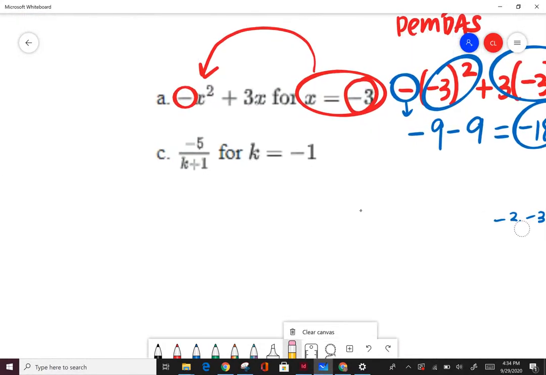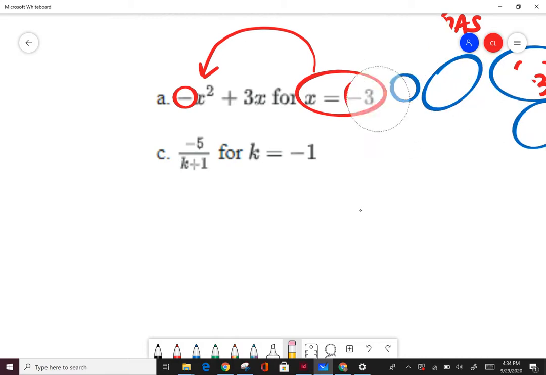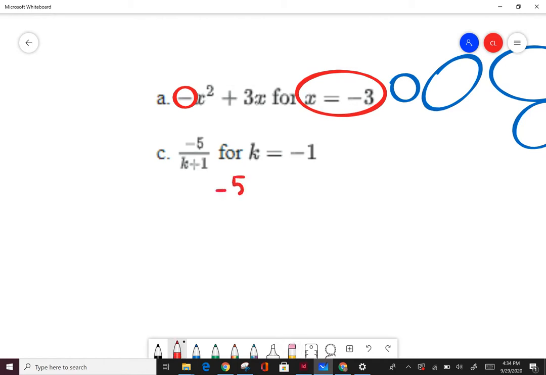Let's go over C. So let's substitute. We have -5 over, instead of K, we're going to replace that with -1 plus 1. So that gives us -5 over 0.